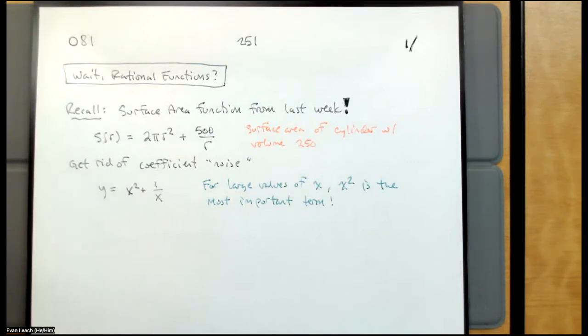We don't even have to get x very large now that I've cut out a lot of this noise. x doesn't even have to be very large to see this happen.